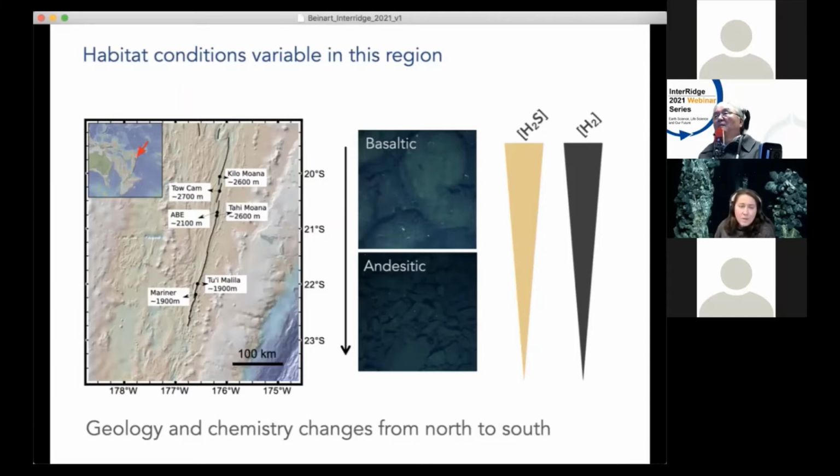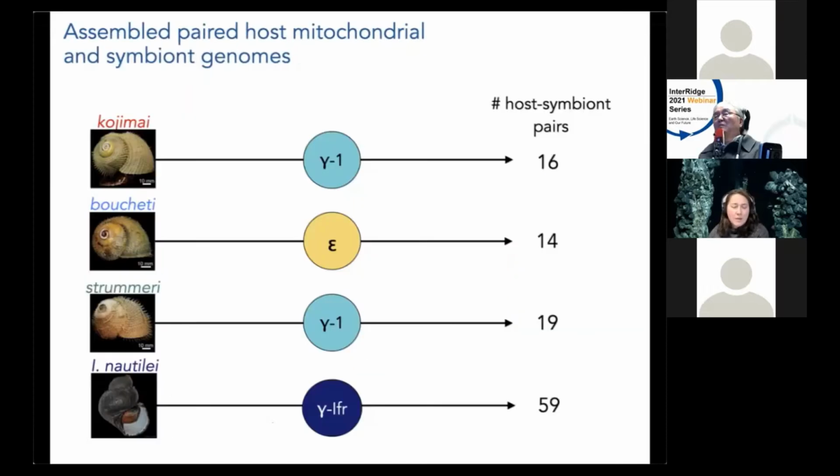Okay, so first we wanted to examine, again, the idea of horizontal transmission in these species. And so to do this, what we did is that we assembled host mitochondrial genomes and symbiont genomes from the same snails, and so we had host symbiont pairs for these 4 different species, 3 Alviniconcha and Ifremeria, and then their corresponding symbionts that they associate with, and we had a number of symbiont pairs from many different sites in this region.